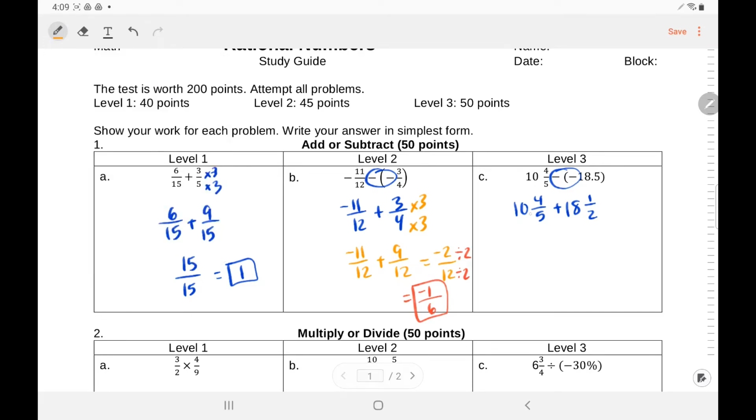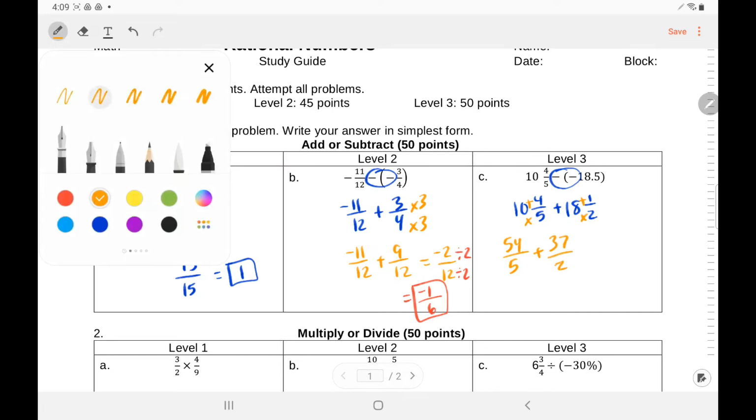In this case, I'm going to change them into improper fractions. So we have 10 times 5 plus 4. 10 times 5 is 50, plus 4 is 54 over 5. And 18 times 2 is 36, plus 1 is 37. So 37 over 2.